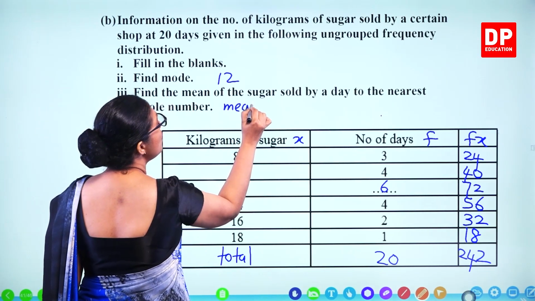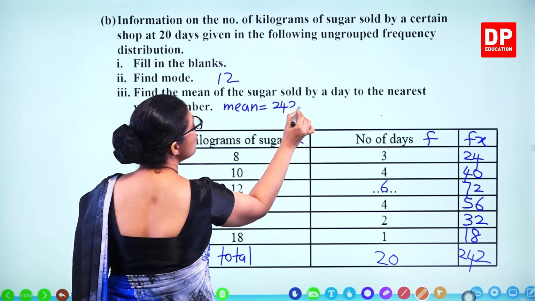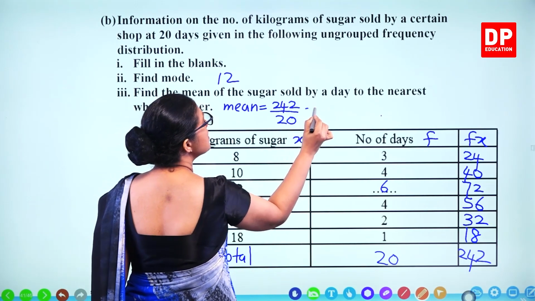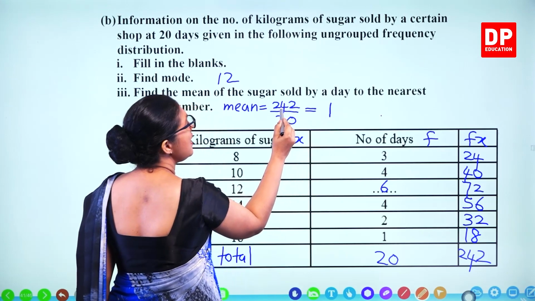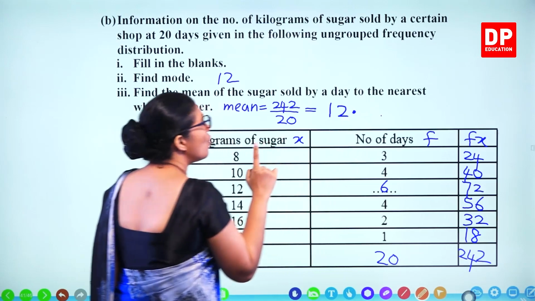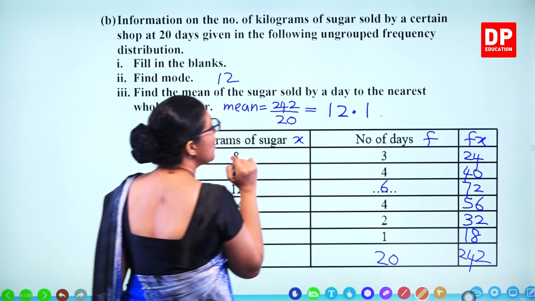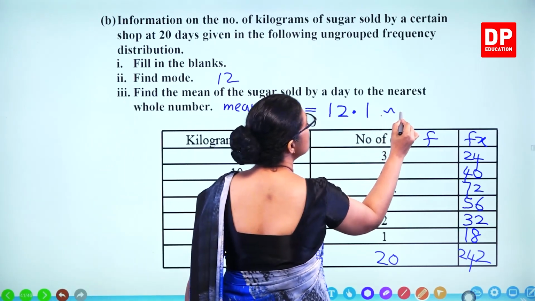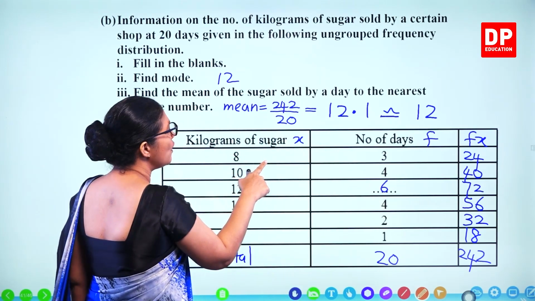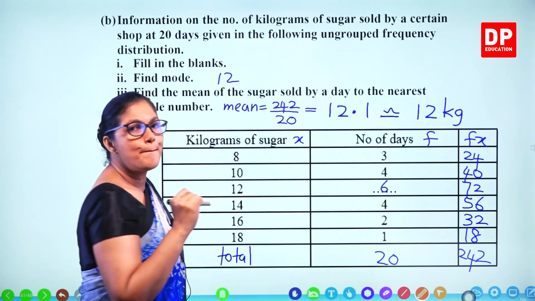Mean is equal to total of fx, that's 242, divided by total of f, that's 20. 242 divided by 20 gives 12.1, but we need the nearest whole number, that's 12. This is about kilograms of sugar. So 12 kilograms is the mean value.